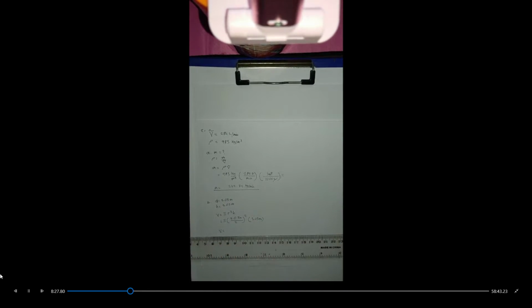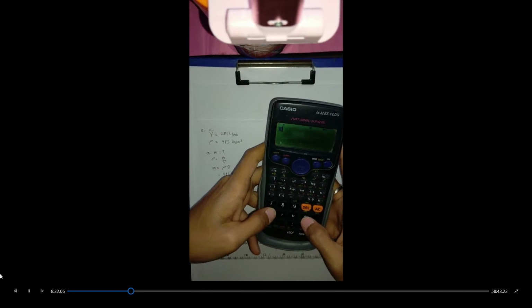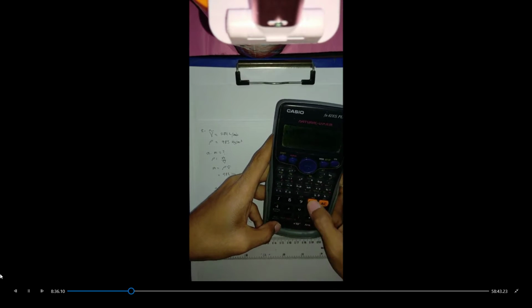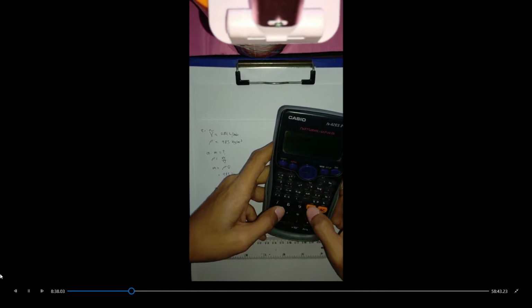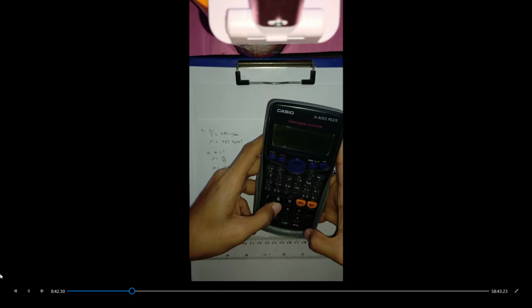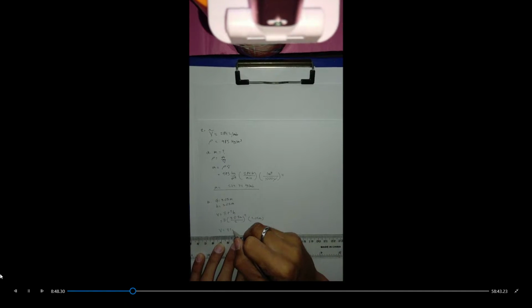So the resulting volume is pi times (3.05 over 2) to the power of 2 times 3.05. So the volume would then be 22.2838 meter cube.